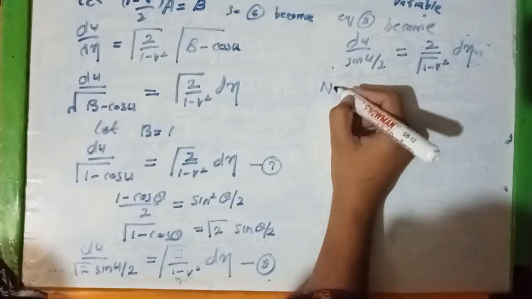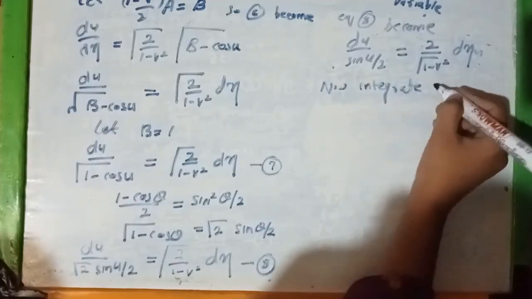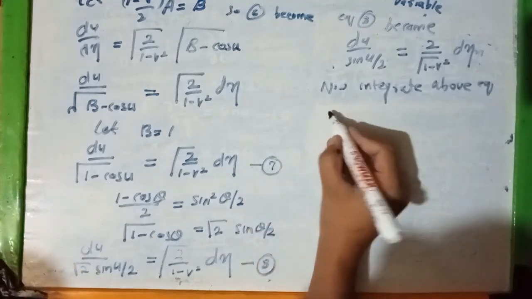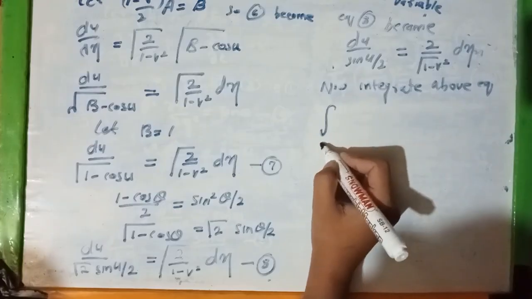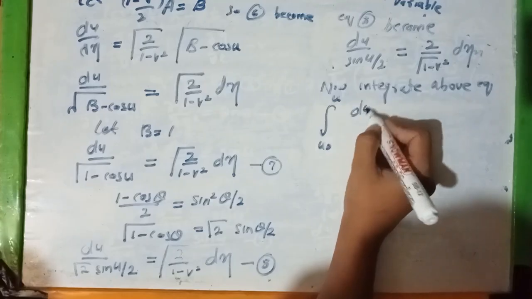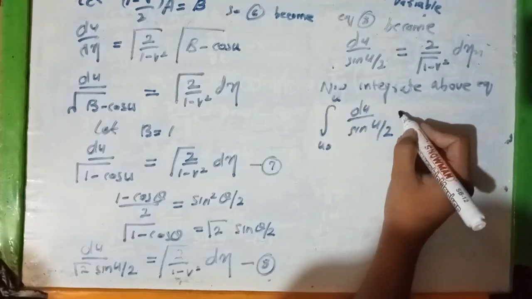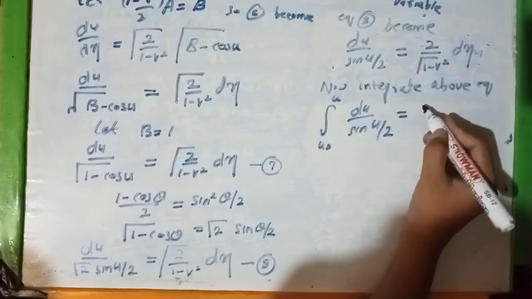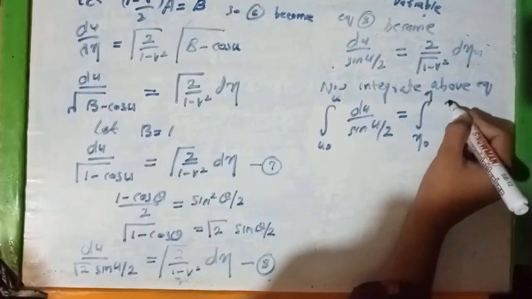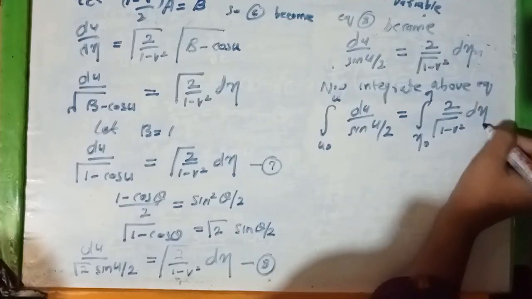Now integrate the above equation. So this becomes the integral from u₀ to u of du over sin(u/2) is equal to the integral from η₀ to η of 2 over the square root of (1 − v²) dη.